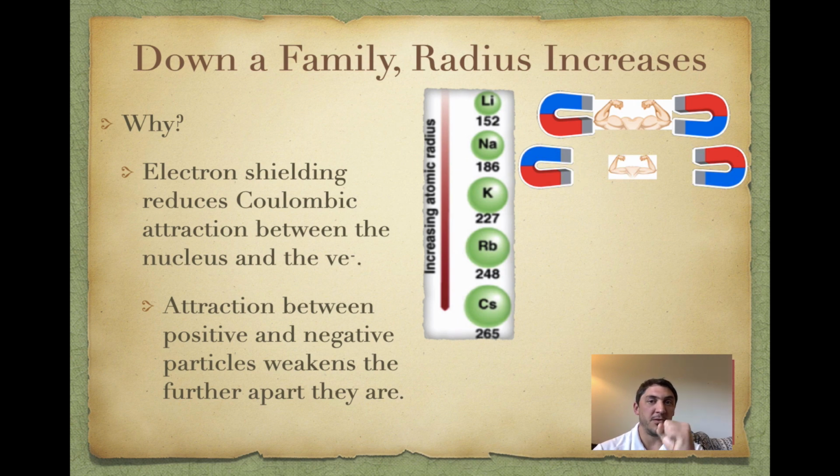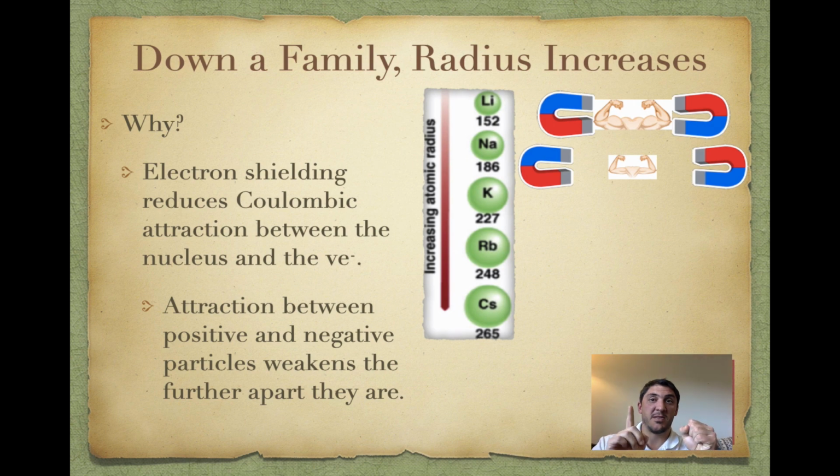Well, if you have a nucleus and an electron that's pretty close, the force of attraction is great. If you have a greater distance between those two, then the force of attraction, Coulombic attraction, is weaker. But there's something else that makes it different from magnetic force: Coulombic attraction is the attraction between positive and negative. What about like charges?